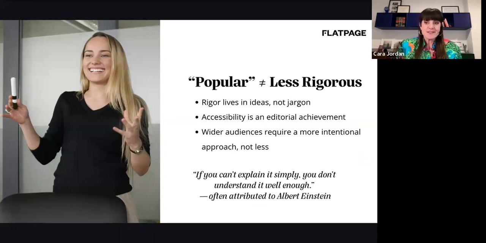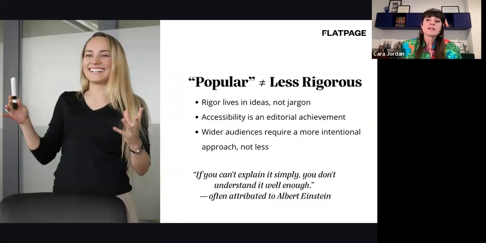So there's a worry that usually goes along with this premise: if reshaping isn't about simplification, then what happens to the rigor of our text? What happens to all those years of research, all those years of being in coursework and going to archives and all of that? Is it just going to disappear?